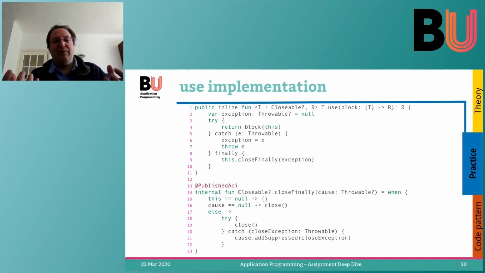Java has this idea that you can add suppressed exceptions to an original. The original one is the cause, and we add this suppressed close exception to it so that we don't forget about the failed closing also. This is exactly what the Java compiler does in try with resources. But in Kotlin, this is done at library level, and you could write this code yourself.